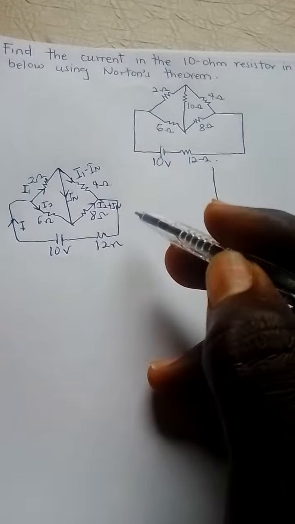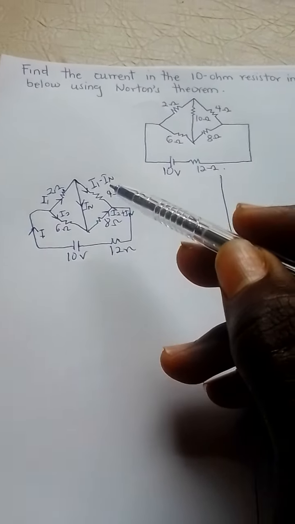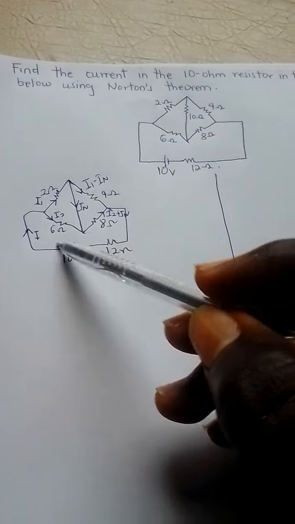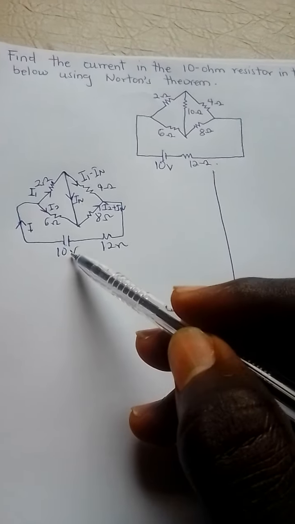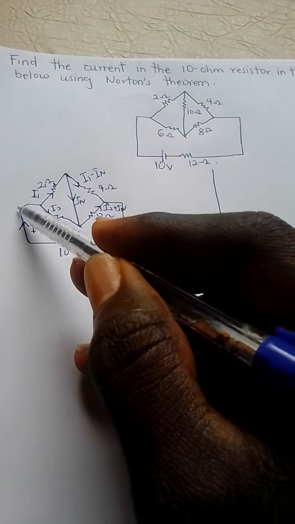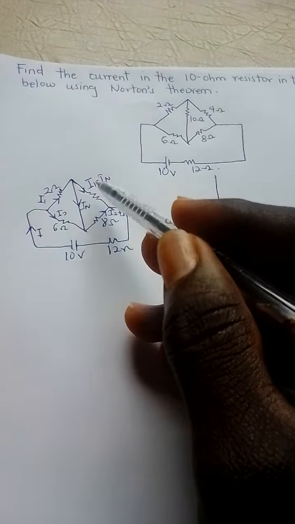Once we have this, our goal is to find the value of IN. So you take a loop, and in the loop you sum all the voltage drops to be equal to the voltage source in that loop. Let's first take this complete loop around here.